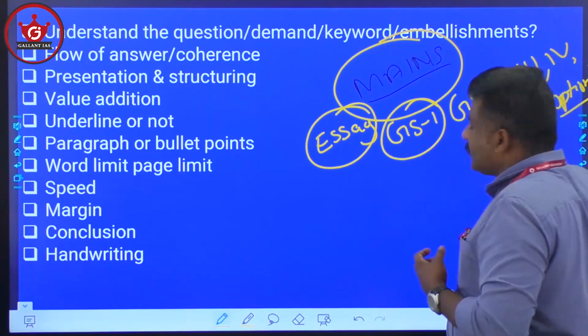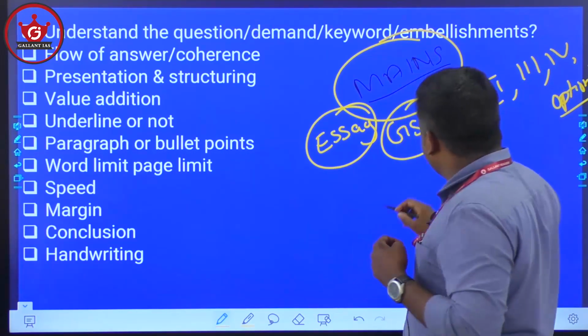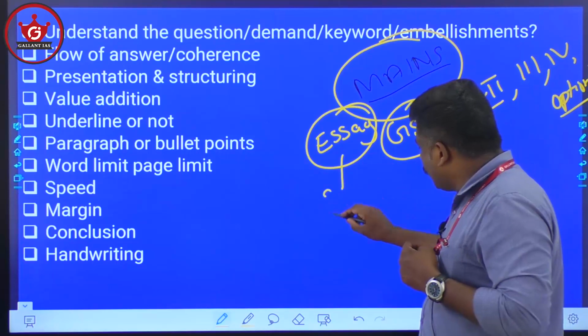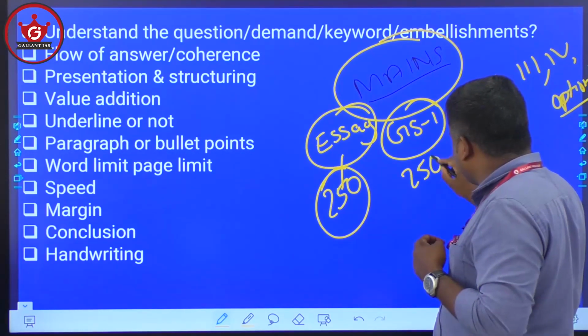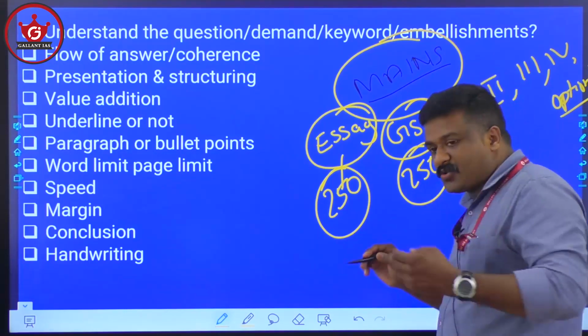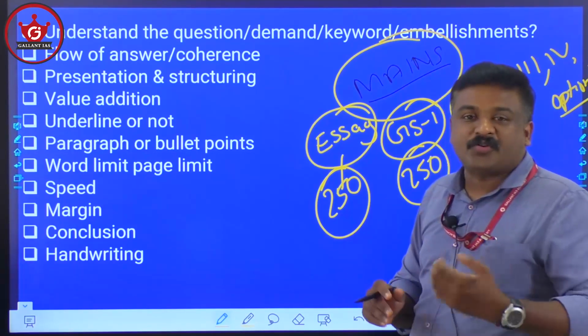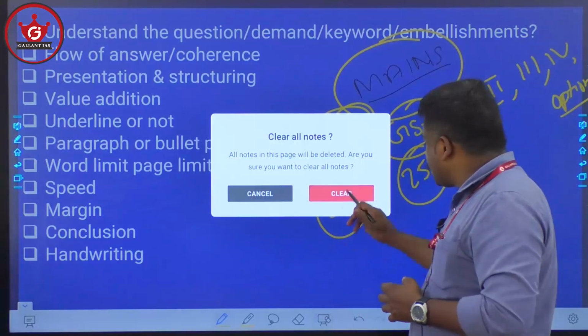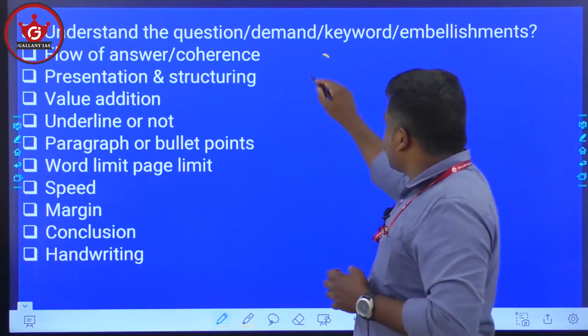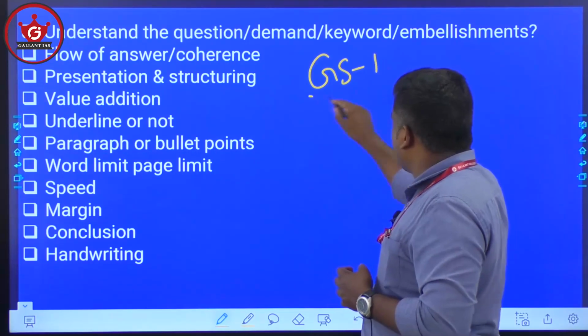Any optional subject, 2 papers. Now coming to essays, you know that this is 250 marks. GS1 is 250, GS2, GS3, GS4, all are 250. Each carries 250 marks.